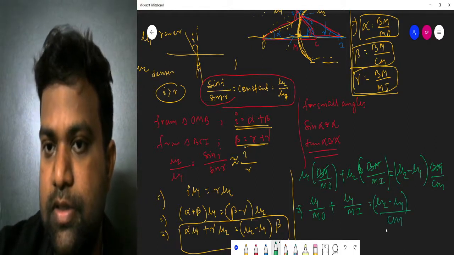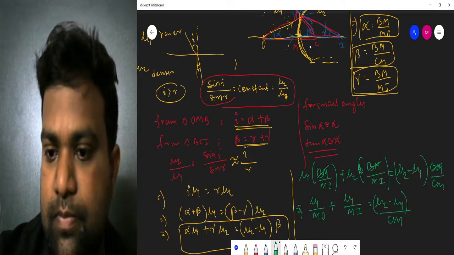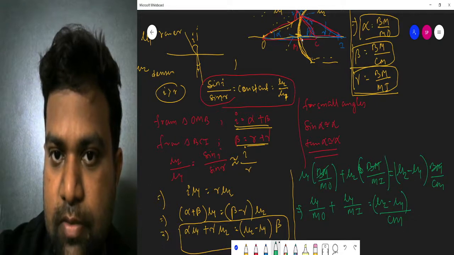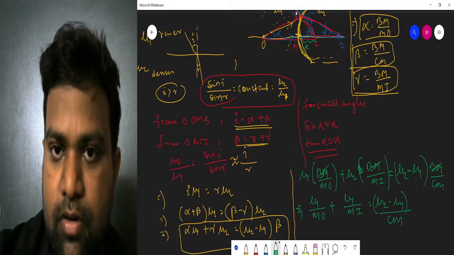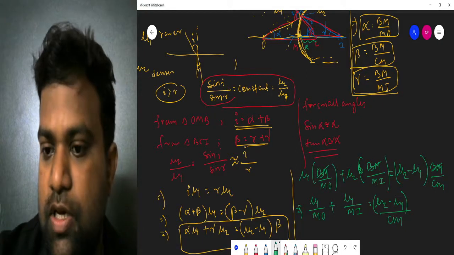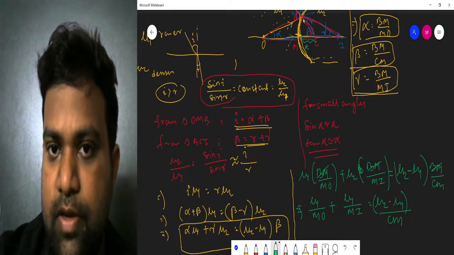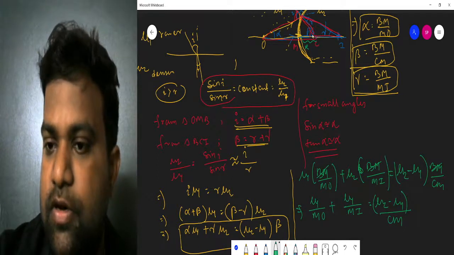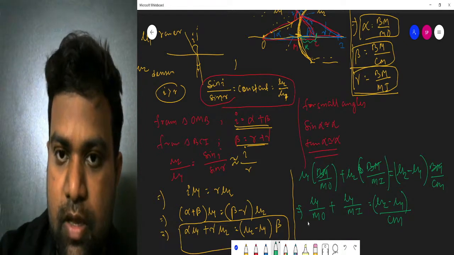divided by Cm. Now see, what is Cm? Cm is the normal, so Cm will be the radius of curvature, right? Normal to the tangent at that point, it will pass through the center of that sphere or circle, so C will be the center here and this will be the radius of curvature.